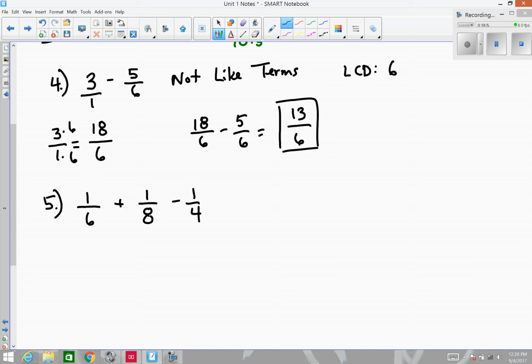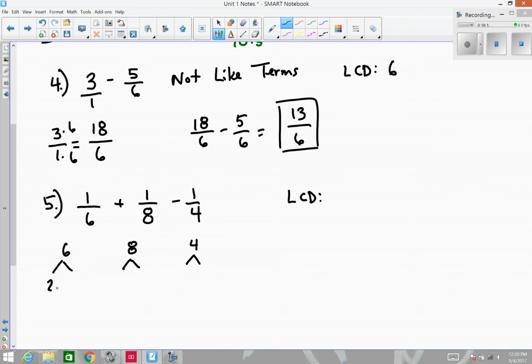For adding and subtracting, we need to go left to right in that order. But I have fractions here, so I still need to get a common denominator so that I have all like terms. So for my common denominator, I need to break down all 3 of these denominators.